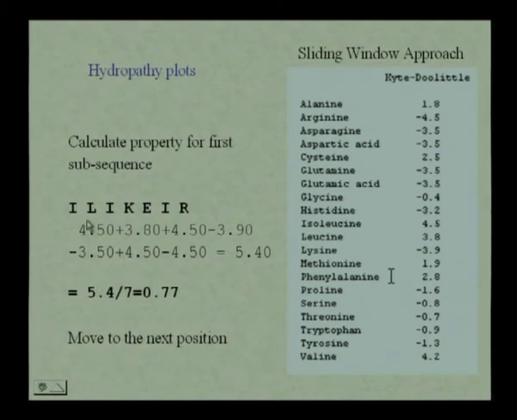But if you had a stretch of hydrophobic amino acids only, this value would be a high positive value. If you had a high positive value, what can you say? You can have a stretch therefore of highly hydrophobic amino acid residues.